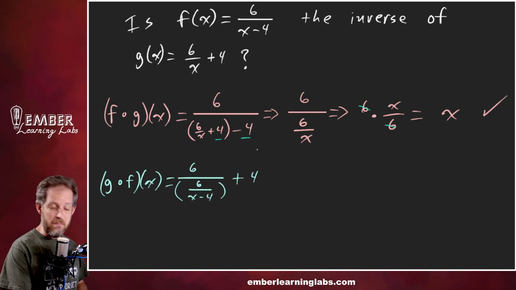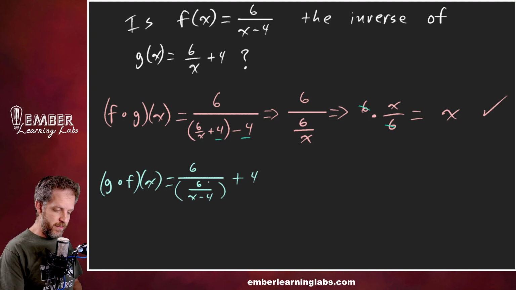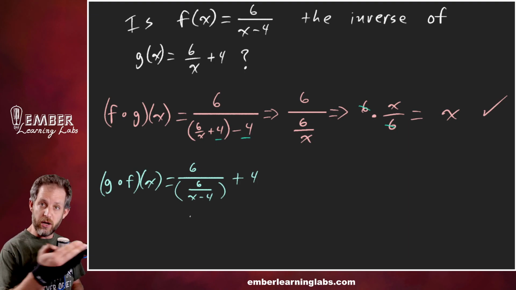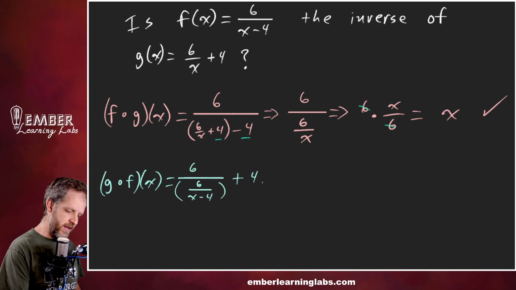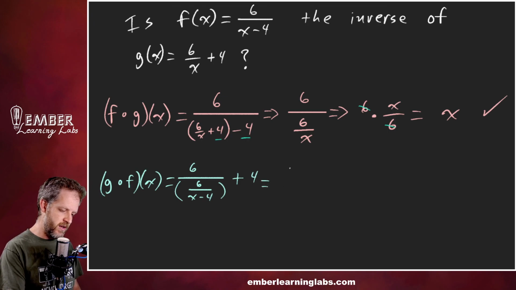We're going to use the same method to simplify this because we're dividing by a fraction. So we're going to flip it over and multiply, right? So this equals 6 times x minus 4 over 6. It's going to cancel. Don't forget to bring over the plus 4.